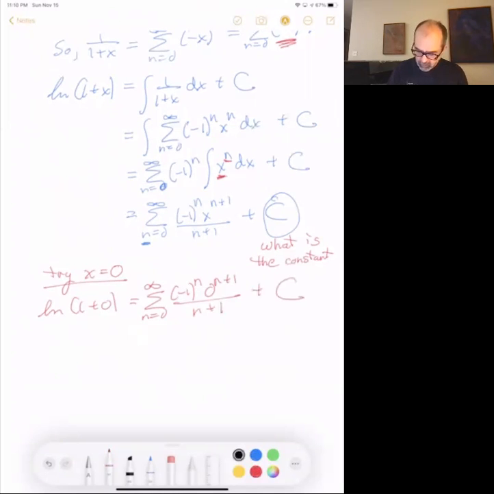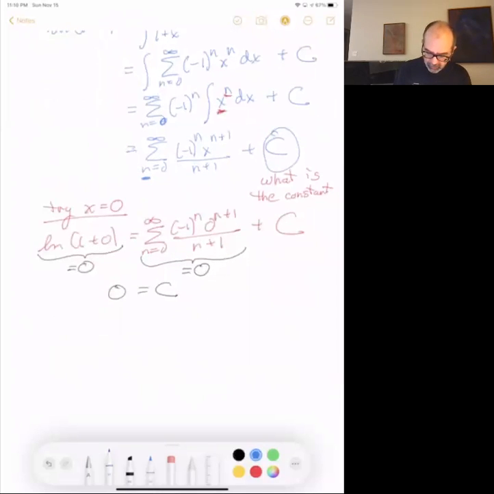Looking at this a little bit more carefully, you notice every single term here is 0. So you're 0 times a negative, well, that doesn't matter. 0 over n plus 1, well, that doesn't matter. Every single time that summation is going to give you 0, so that's just 0. Then you say, well, but this is natural log of 1 plus 0. Again, 0. So 0 is equal to c.